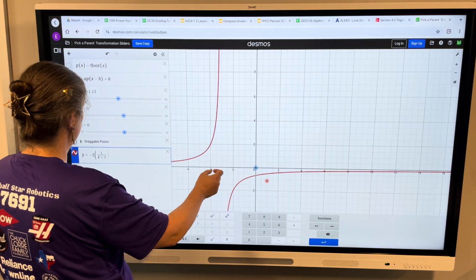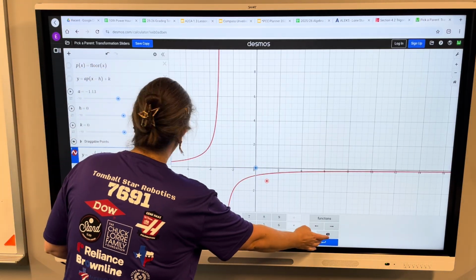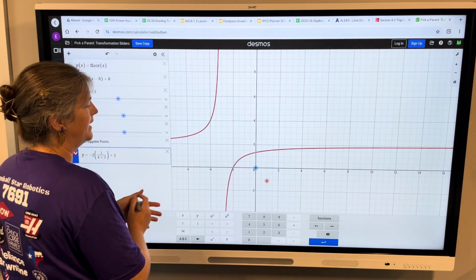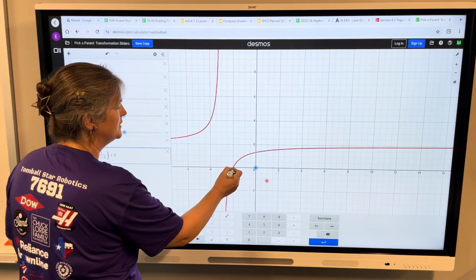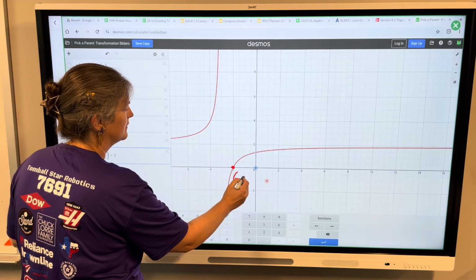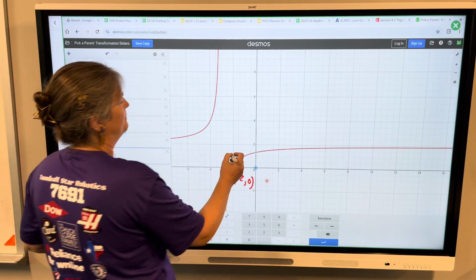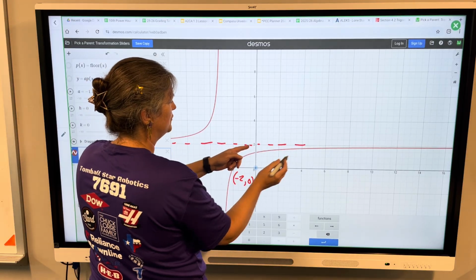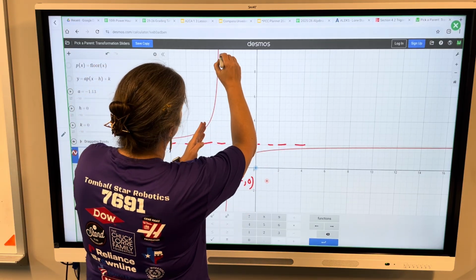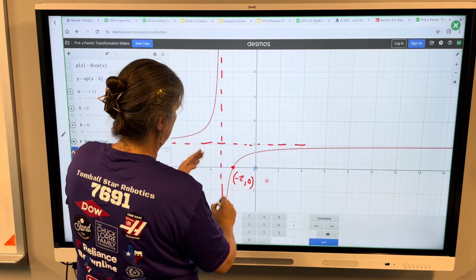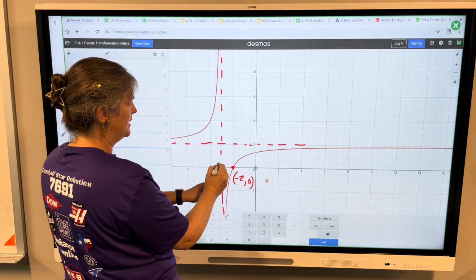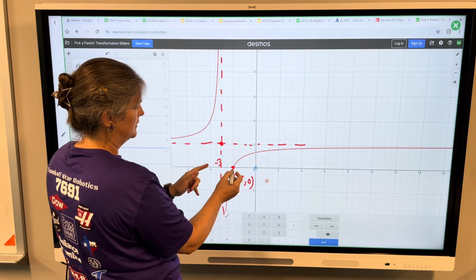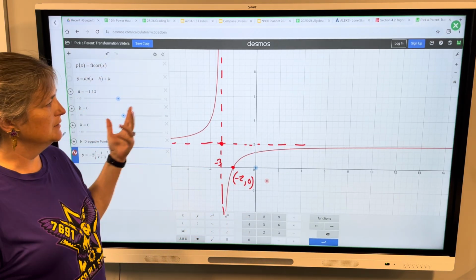It's already been shifted over and stretched and flipped. We missed our plus 2. Look at that. The point -2, 0 is right here. There's an asymptote here that goes through y equals 2. There's an asymptote right here that goes through x equals -3. So here's my new origin.